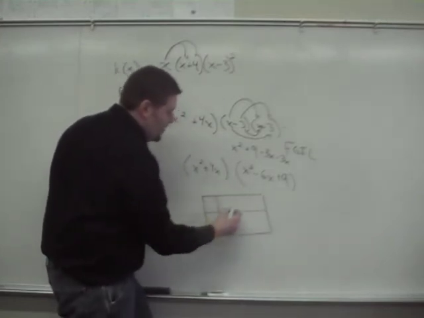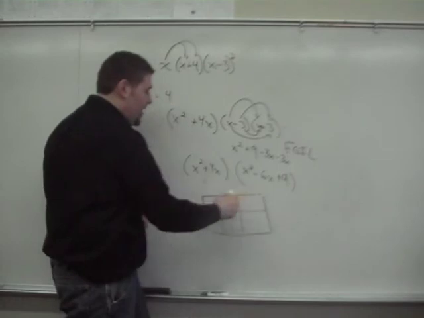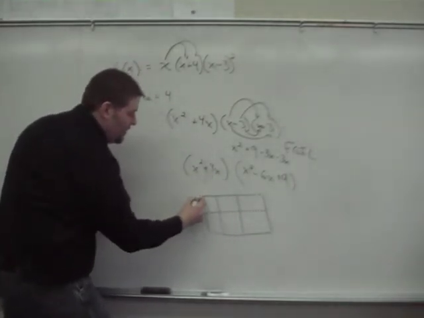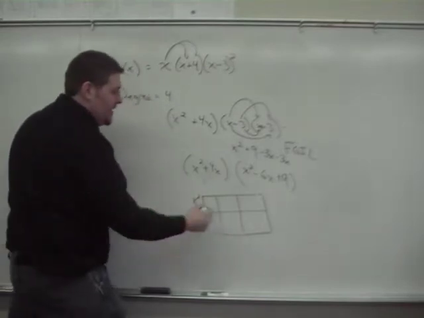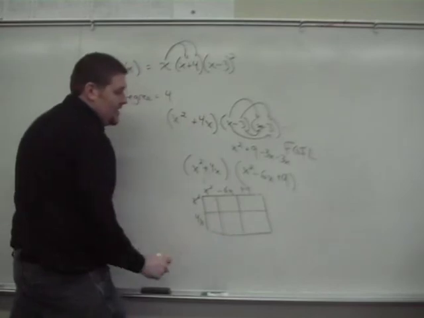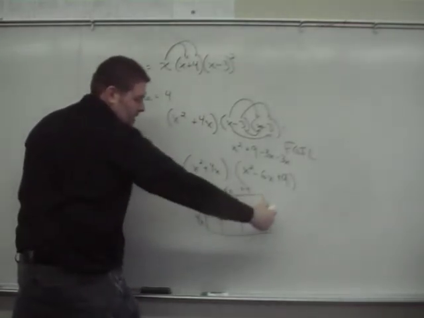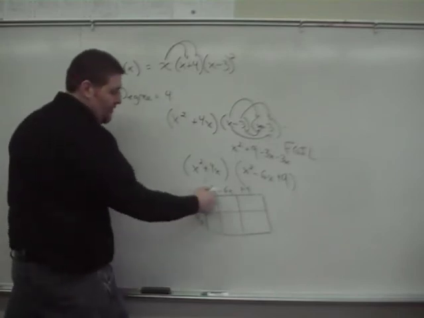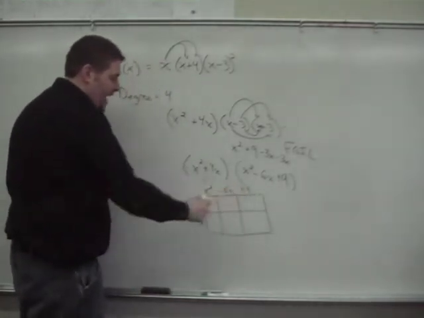Alright, so here's my 2 side by 3 side, and I'll fill in the sides with the appropriate lengths. This is x squared, this is 4x, here is x squared minus 6x plus 9. Now it wouldn't matter whether I did a 2 by 3 or a 3 by 2, you just have to make sure you use each of the pieces as another part of the box.